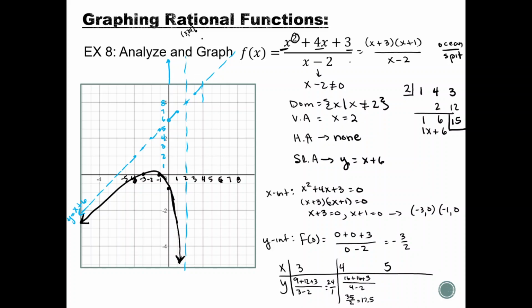So that's still going to be way up here. And then if we plug in the 5, we're going to get 48 over 3, which is 16. And so this function is going to track through those 3 points, and then it has to come back towards that asymptote.